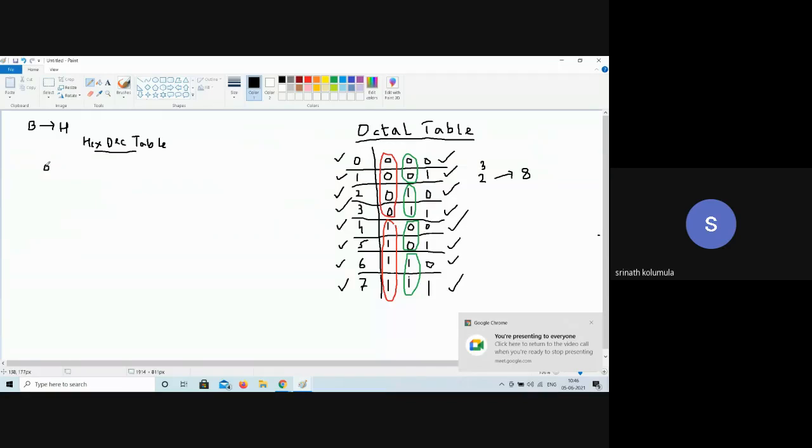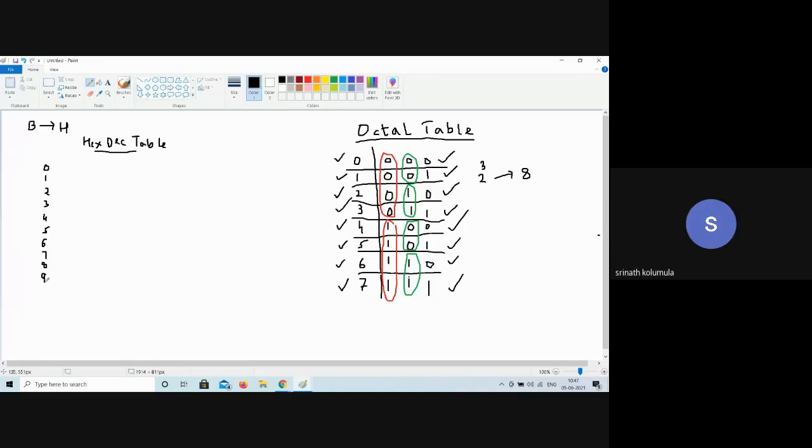So 0, then 1, then 2, then 3. Totally 16 I want. Then 4, 5, then 6, then 7, then 8, 9. What is 10?